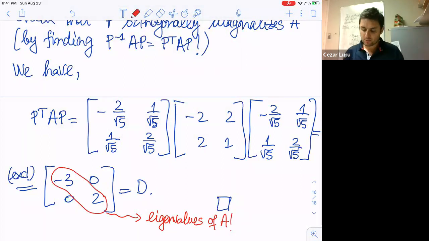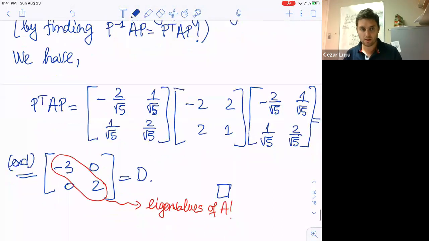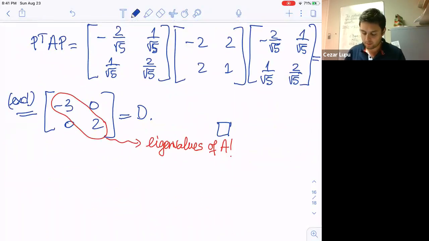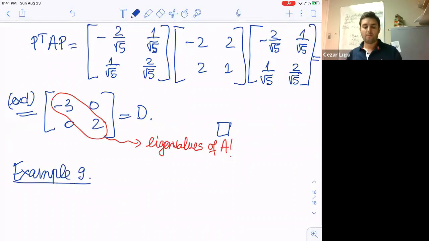Okay, so this was a simple example. And now I want to have your attention for one more example, and I think we're going to end the lecture here. It's already a little bit too long. Example 9, and in this example, I want to use the Gram-Schmidt orthogonalization procedure.